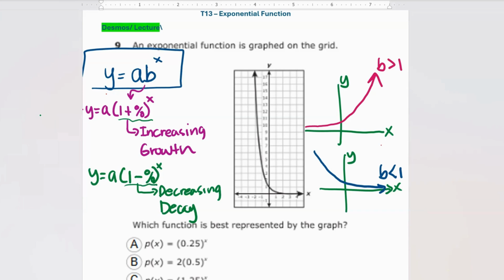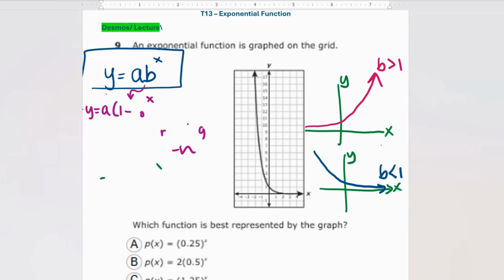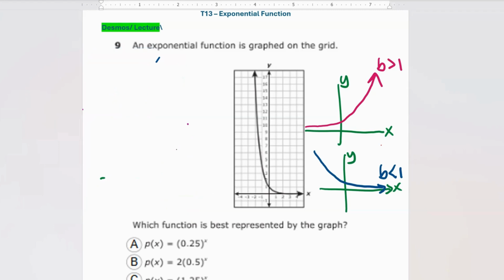Now let's solve this problem here. We just learned this. An exponential function is graphed on the grid. Look at the graph. The graph is going from left down.